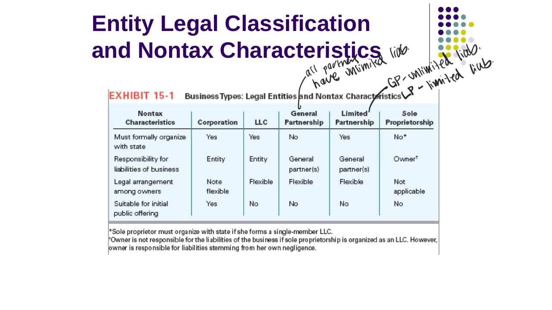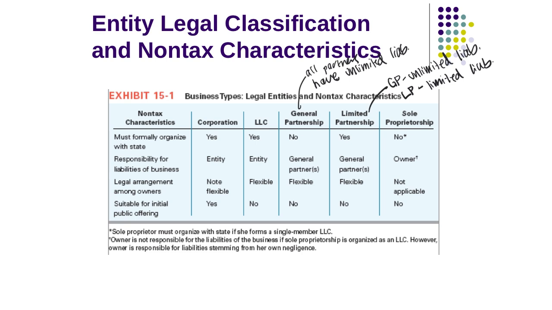So formally organizing, you would have to have some sort of document present. So the entity types where you would have to do that are corporations, limited liability companies or LLCs, and limited partnerships.